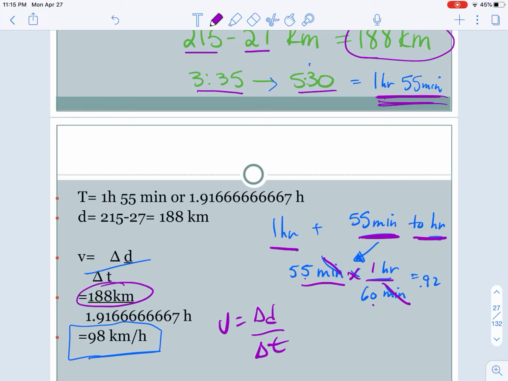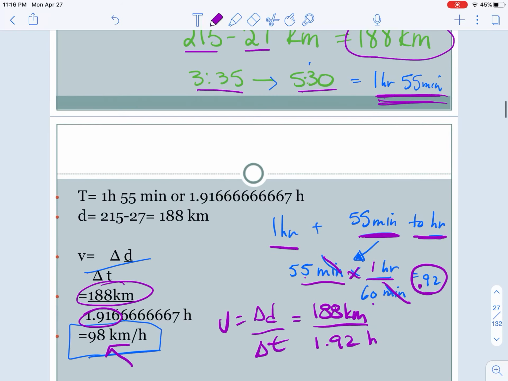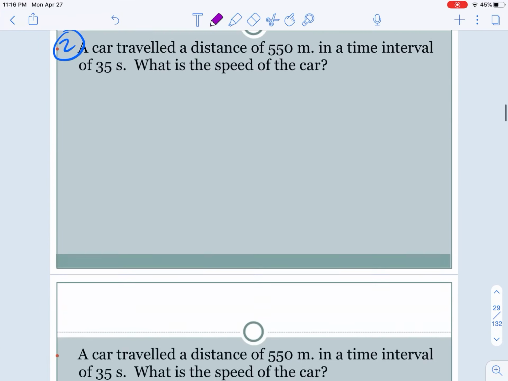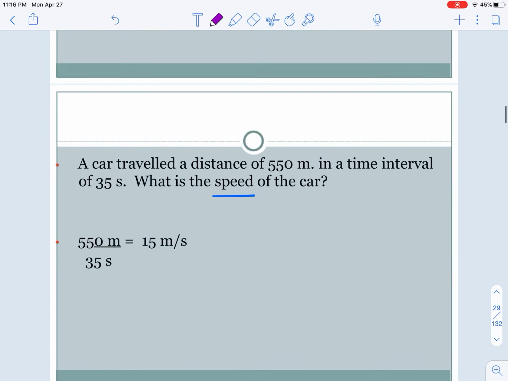Maybe you've done these conversions before. That cancels the minutes, and you're left with 55 divided by 60, giving you an answer of 0.92. So it's 1.92 hours, so that when you do this calculation, it's 188 kilometers over 1.92 hours. So then you get your 98 kilometers per hour. And that's what they were looking for.